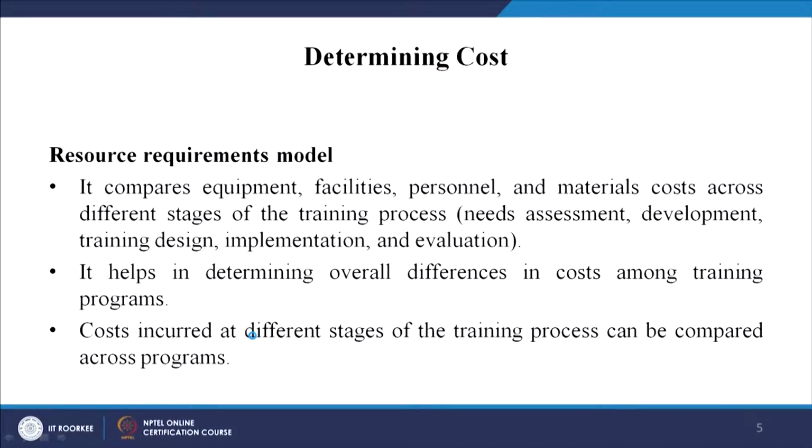So, list of the facilities, each and every employee right from the top to bottom who is getting engaged, spending time from the organization for this training program, and what material is going to be used, and that material cost across the different stages of the training process has to be considered.